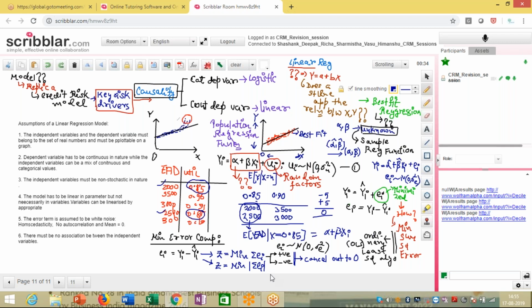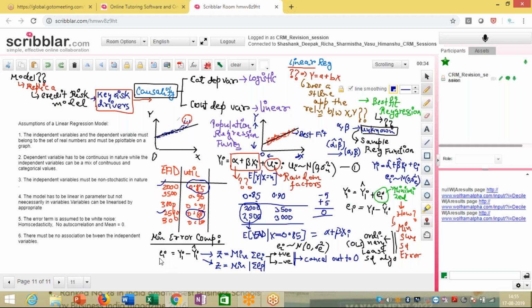The next question is how do we do this? How can we minimize the modulus of the summation? So let's check that part.